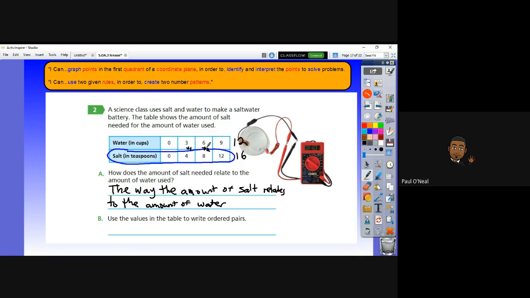This would be a +3, right? In between those two, from 12 to 16, that's a +4, right? So we could say the salt is increasing by 1, like 1 more than the previous number. You could say that the water in cups is increasing by 3, whereas the amount of salt is increasing by 4.